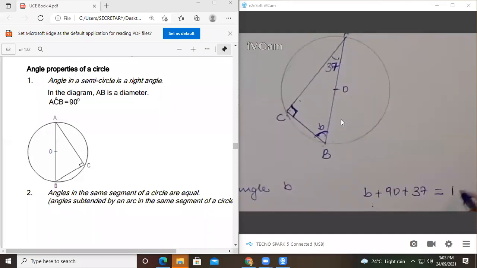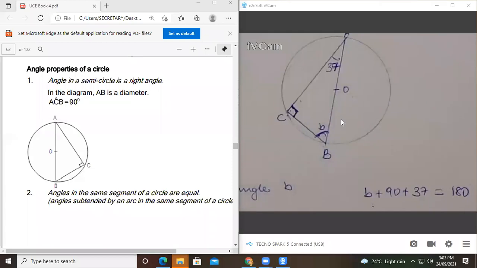180. Yeah, members, let me ask you, what are you doing at home these days? You should revise. Even you don't know that the angle sum of a triangle is 180 degrees. Alexandria, you would have told them that. So let us add 90 plus 37.